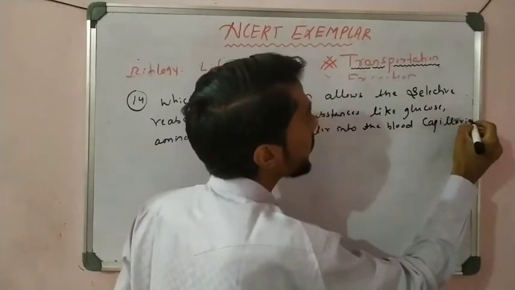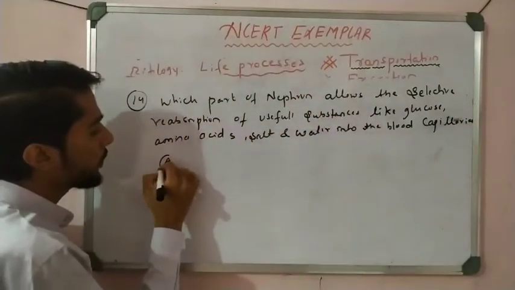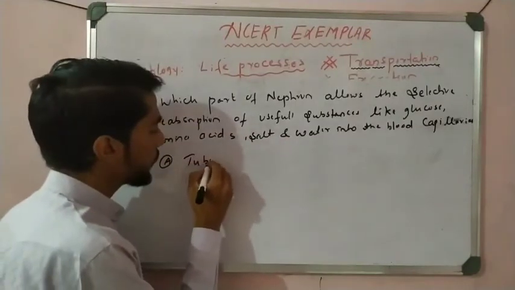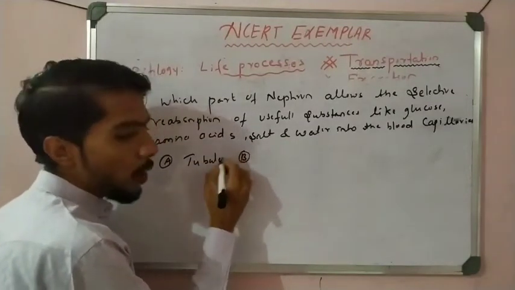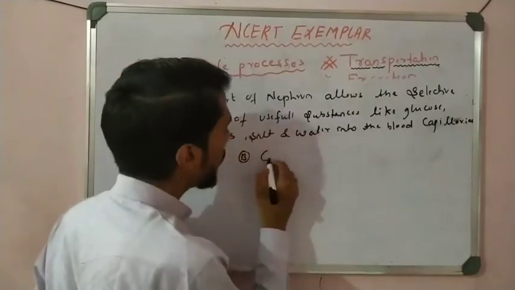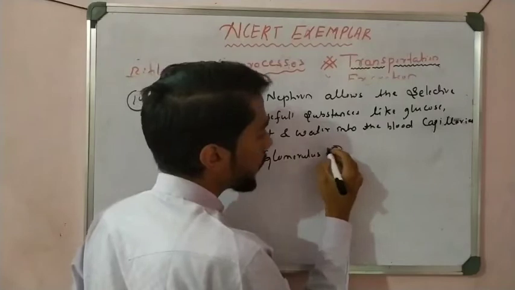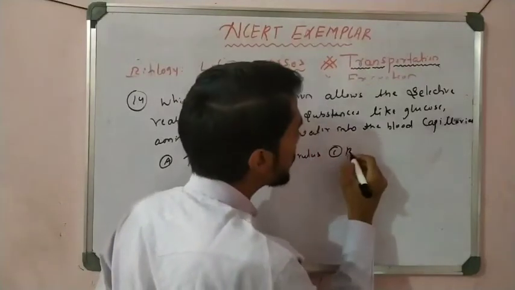Option A is tubule, option B, glomerulus, option C, Bowman's capsule.